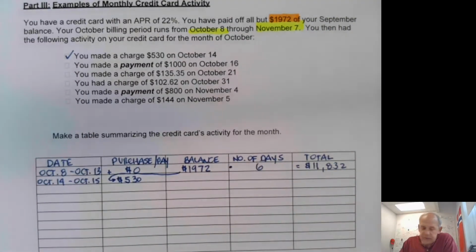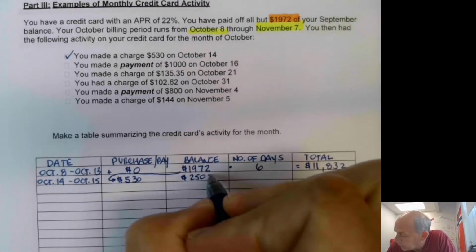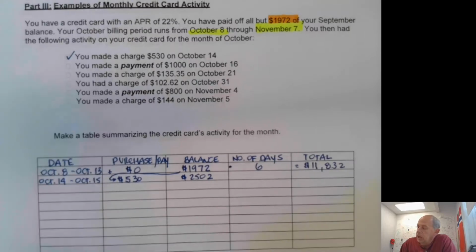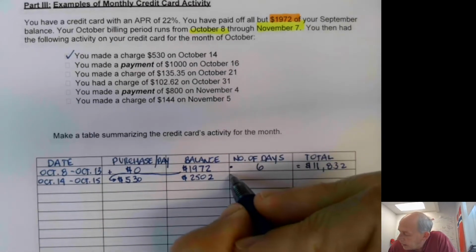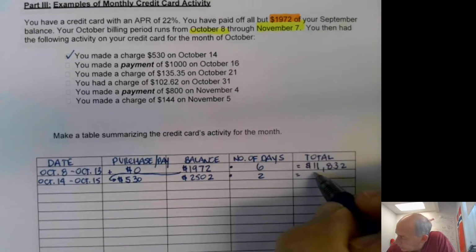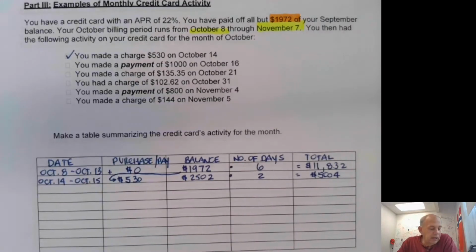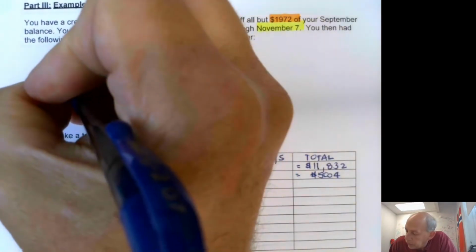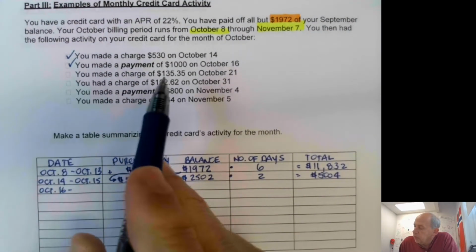I'm going to add those two values together and come up with $2,502. So 530 plus 1972 is 2,502. The number of days we owe that amount is 2 days. When I multiply those values together, I'm going to get $5,004.